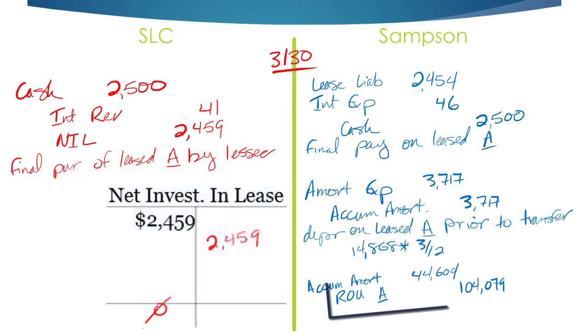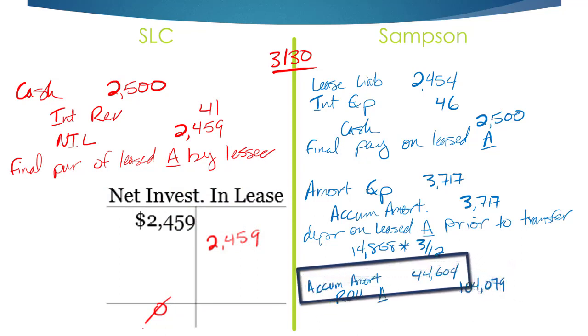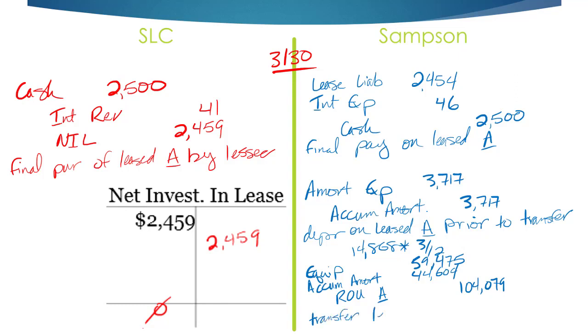So I get rid of the right of use asset, I get rid of the accumulated amortization, and I'm going to put the rest into equipment, although you can use machinery. 59,475. And this is to transfer leased asset to traditional asset. And that is it.